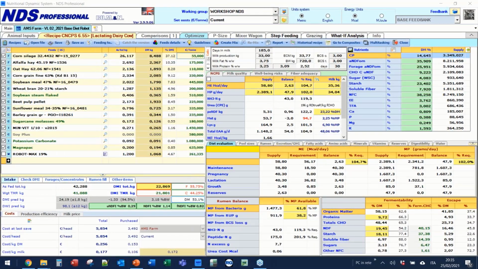Basically, it is a tool that is designed to formulate PMR when we work with an AMS farm, but not only, because it is used also, for example, in a pasture farm, or when we feed the concentrate, the component, when we have a component feed.